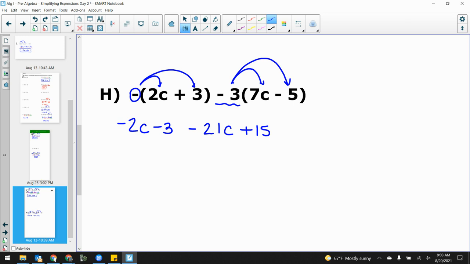So we do negative 2 and a negative 21 to make negative 23c. And then a negative 3 plus 15 is plus 12.